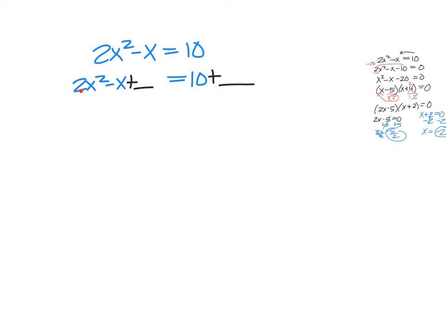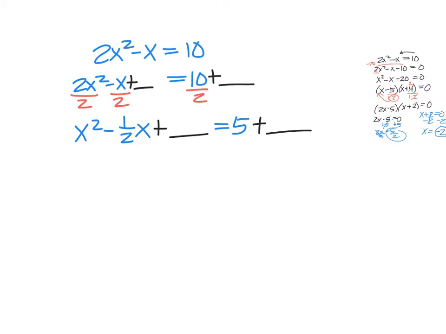But 2 is not a perfect square, so I need to divide everything by 2. That gives me x squared minus 1/2 x plus something equals 5 plus something.